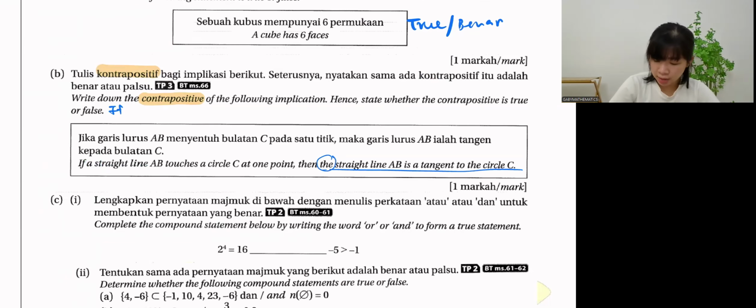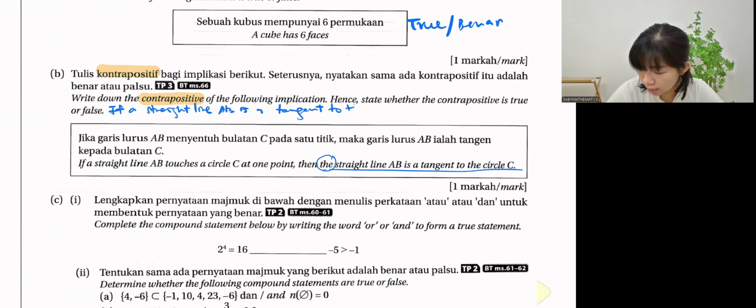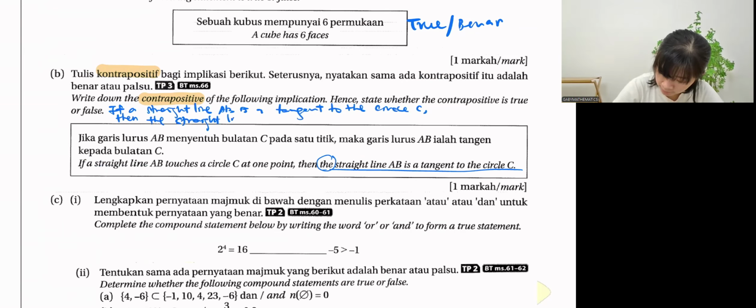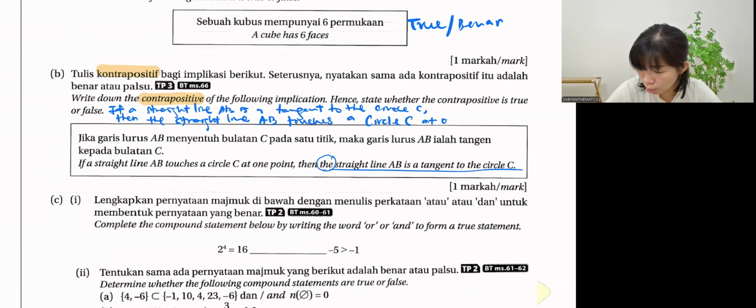The grammar here. So if we say a straight line, okay, if a straight line AB is a tangent to the circle C, then the straight line AB touches a circle C at one point.